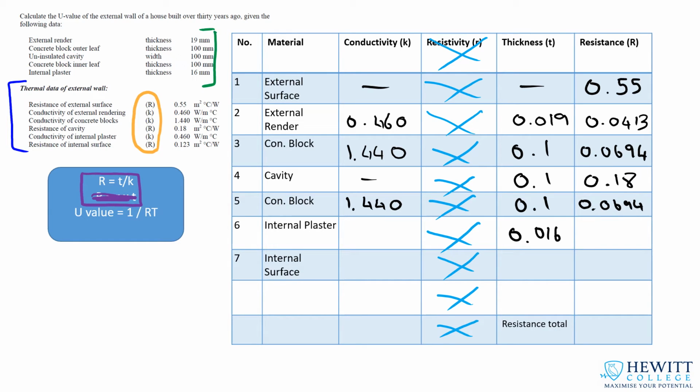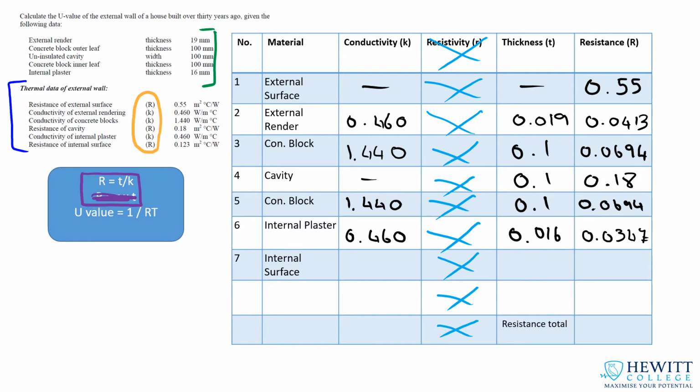We also have the conductivity of the internal plaster, so the K value is 0.460. Again, we have the conductivity, we have the thickness, we use the formula T over K, and that will give us 0.0347 when you put it into your calculators.